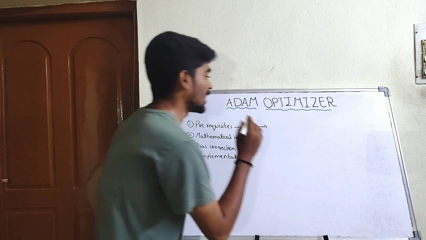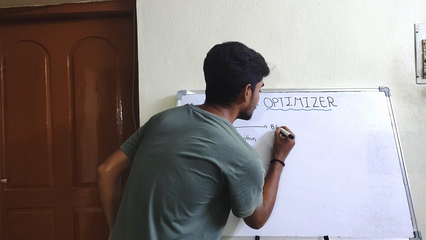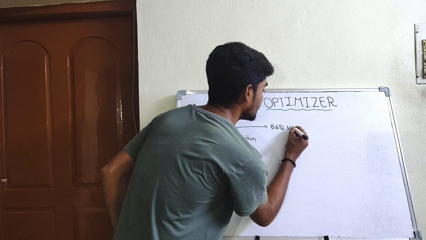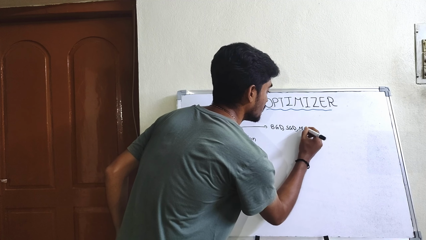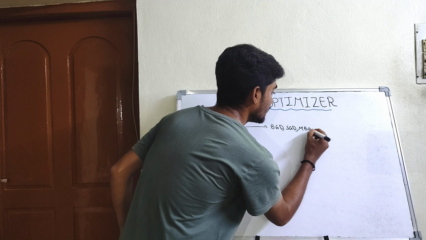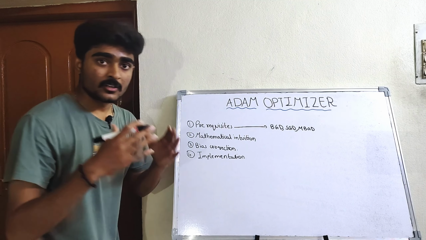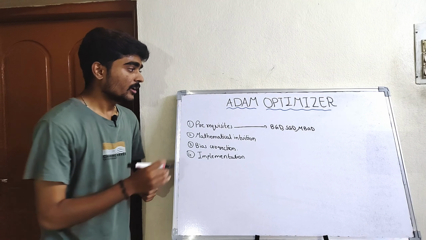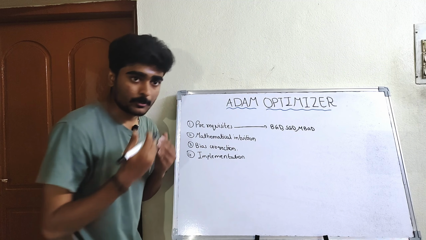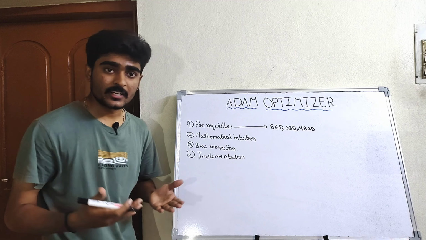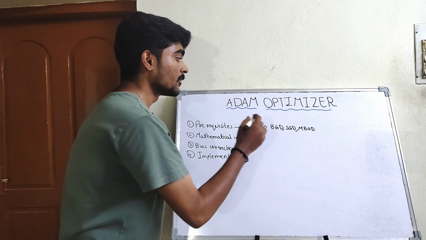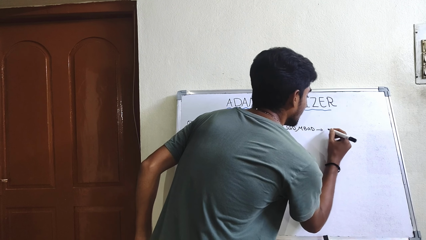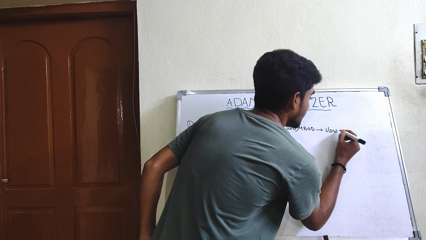First, let's start with batch gradient descent, stochastic gradient descent, and mini batch gradient descent. Initially these were the optimizers used to train deep learning models. By using these optimizers, people face the problem of slower training.